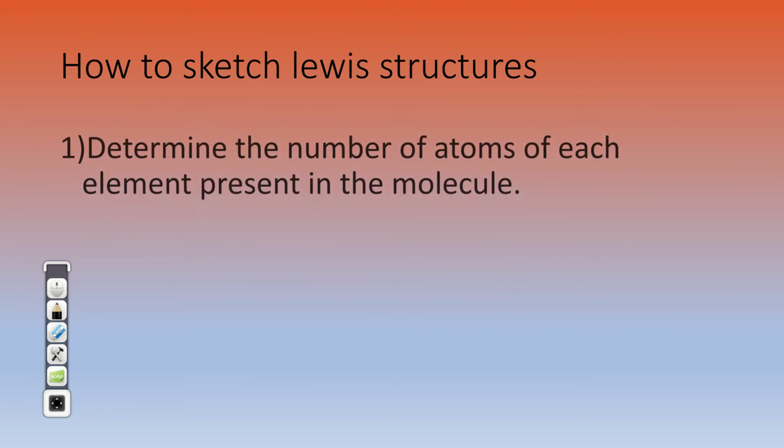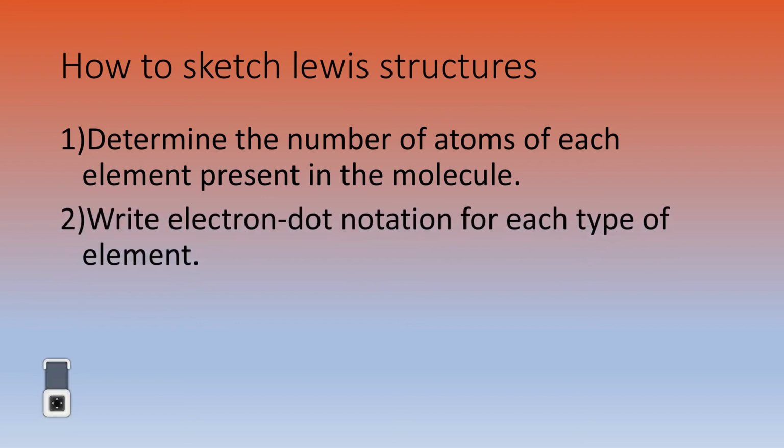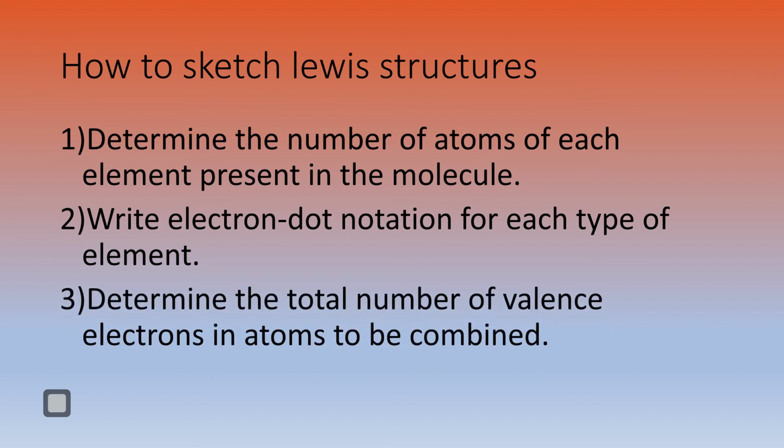So how do we draw out Lewis structures? We determine the number of atoms of each element that are present in the molecule. We write the electron dot notation down for each type of element. And then we determine the total number of valence electrons in the atoms to be combined. So again, we're kind of reviewing what was on the prior page.